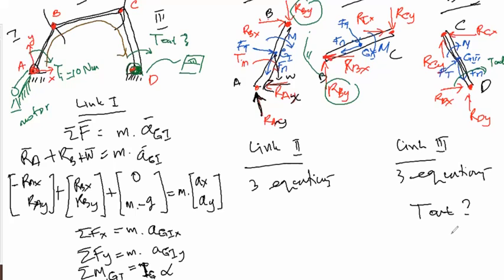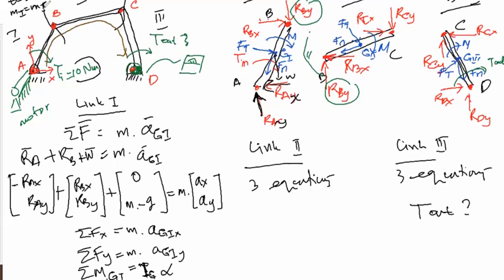I will give some values here so you can try it at home. Let's say the input torque is 10 Newton meter, and it has a theta dot of, let's say, 5 radian per second, and all the masses are the same.